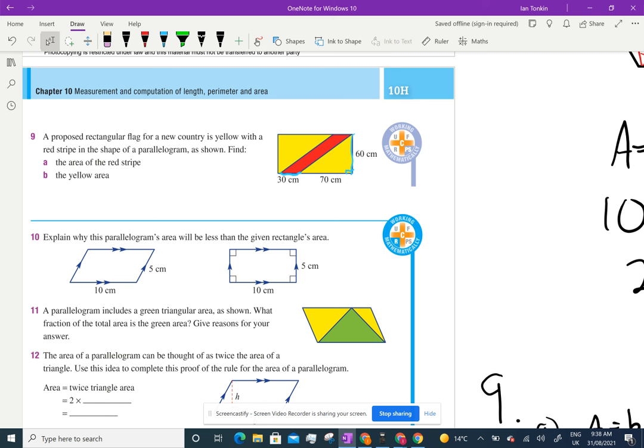So to find the yellow area, I'm just going to find the area of the whole rectangle and then minus the parallelogram. So think about that again. What am I going to do? To find the yellow area, I'm going to find the area of the rectangle and then minus the area of the parallelogram, which I already know.